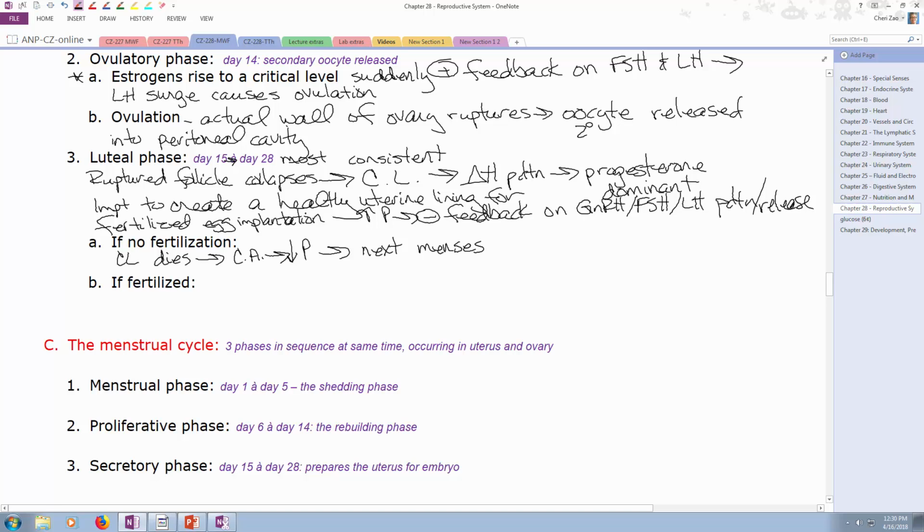And I emphasize progesterone because that's the hormone that is totally responsible for the maintenance of the secretory endometrium. Estrogen primed the pump, but progesterone keeps it there. So without progesterone, you lose that secretory endometrium.